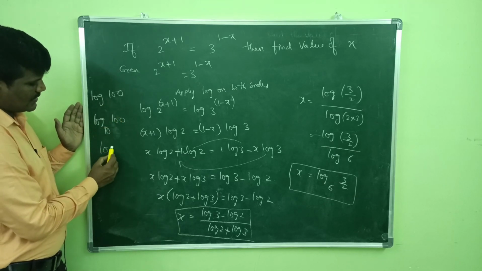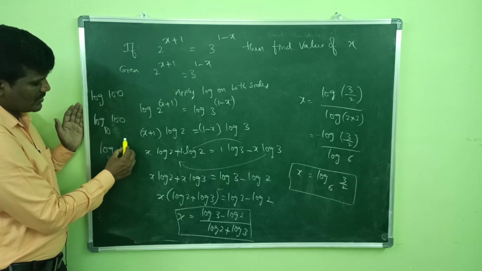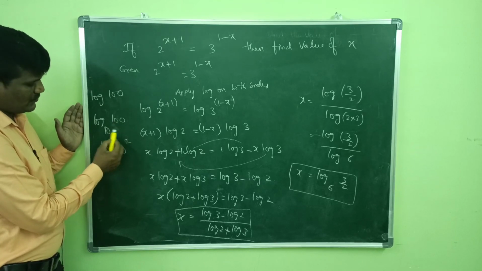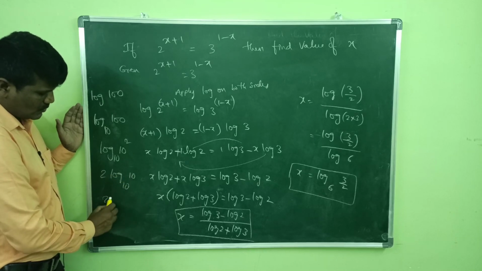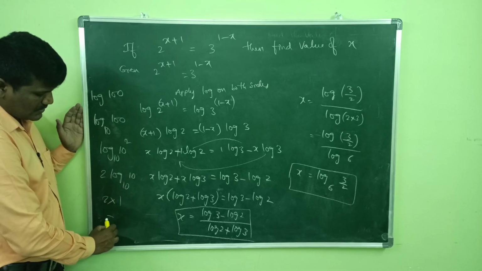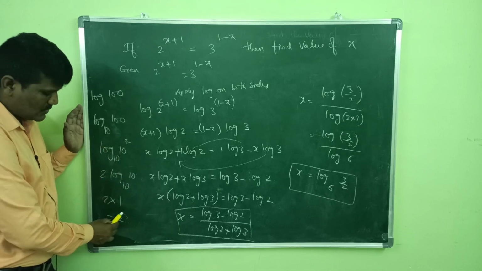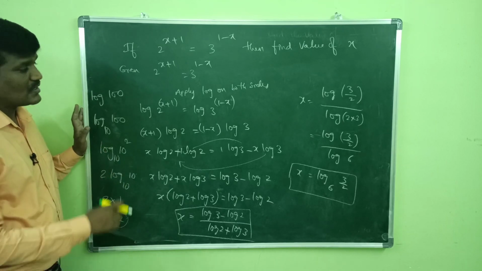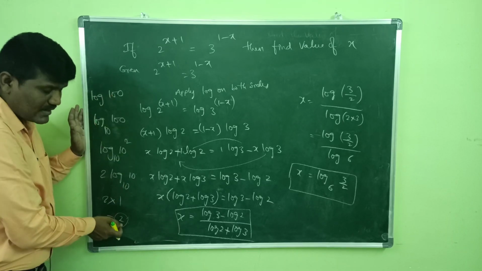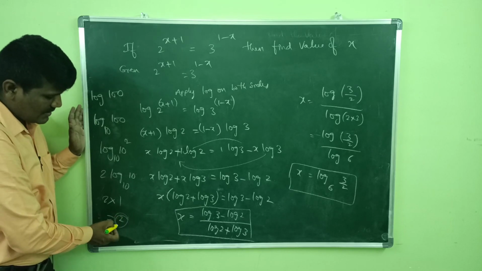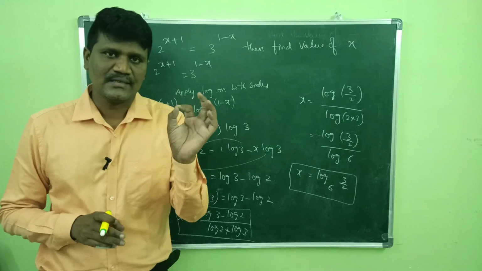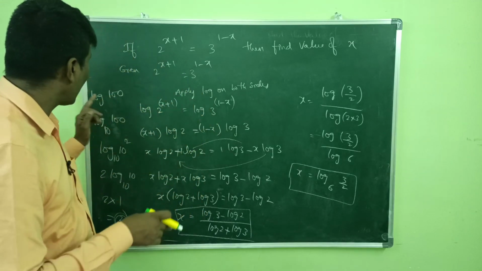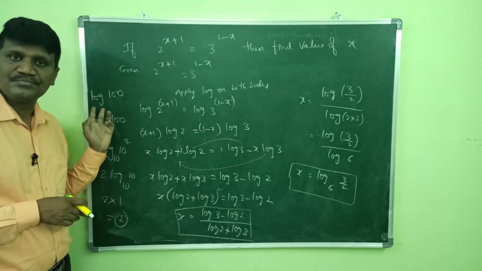So I can write log 100 is 10 square to the base 10. 2, if I send it to this side, log 10 to the base 10. 2 into log 10 to the base 10, which is 1, is equal to 2. That means 2 is a rational. So log 100 is a rational number because I am getting a rational value here. So log 2, log 3, log 5 are irrational numbers, and log 100 to the base 10 is a rational number.